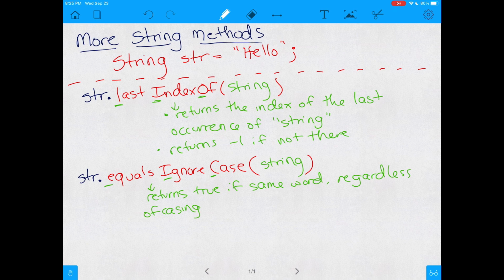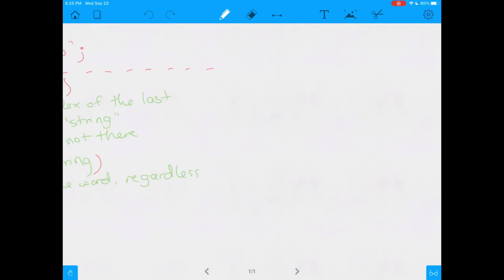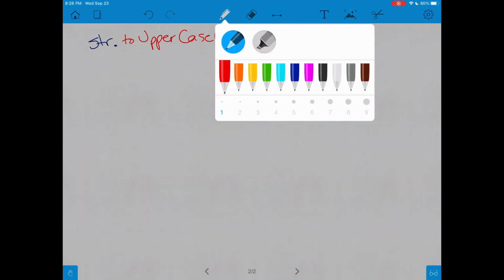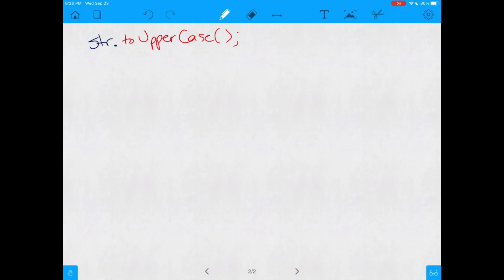And one more, or two more, I really should say, but they're kind of the same thing. If I have a string, I can do str dot toUpperCase, and there's no parameter here, or str dot, you guessed it, toLowerCase.